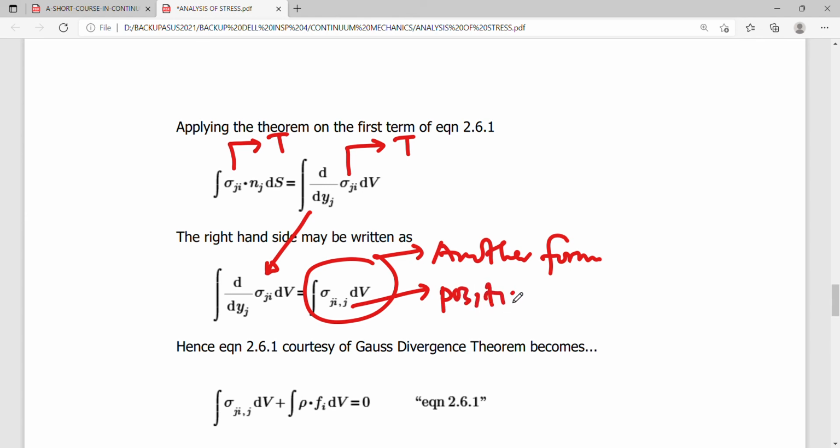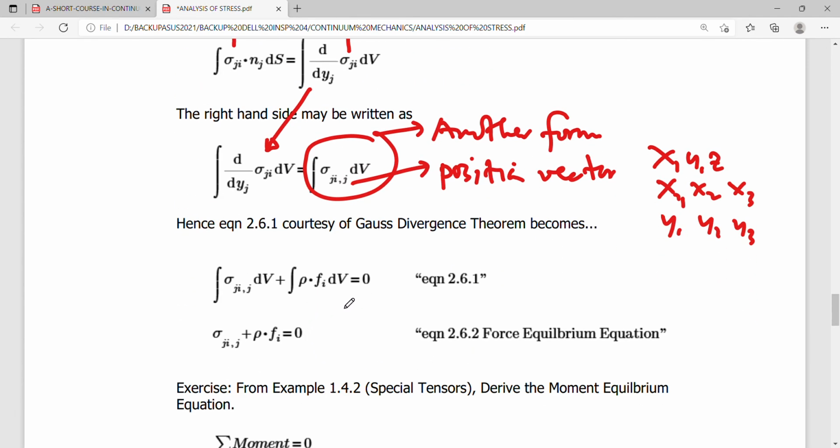Okay, when you say position vector, that is the xyz. Position vectors are simply xyz, x1, x2, x3, etc. So you can have y1, y2, y3, z1, z2, z3, or simply 1, 2, 3. So hence this equation 2.6.1, courtesy of Gauss divergence theorem, becomes this one.